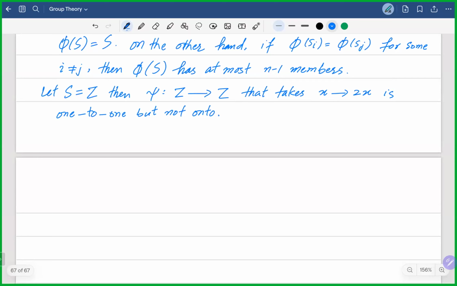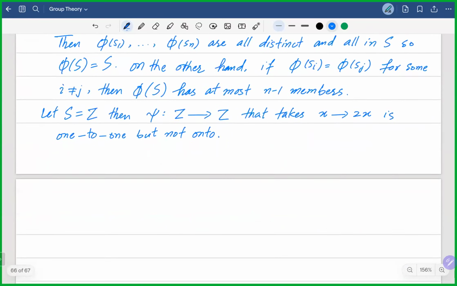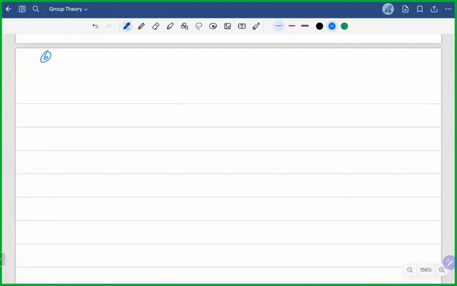Now the question number 6 says that let beta be an element in S7, and suppose that beta power 4 is equal to 2 1 4 3 5 6 7.